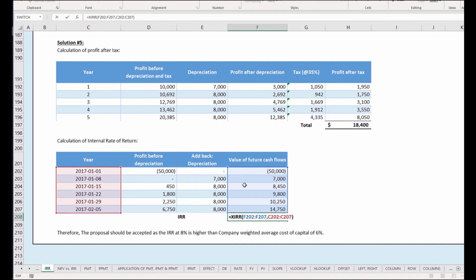Then we select cells 202 through 207 in column F, which is the value of future cash flows, and we highlight cells 202 through 207 in column C, which is the year column and date column. When we do that and we press enter, the IRR is 8%. Since that is higher than 6%, this investment should be pursued.